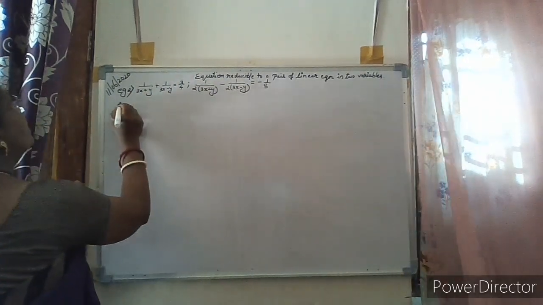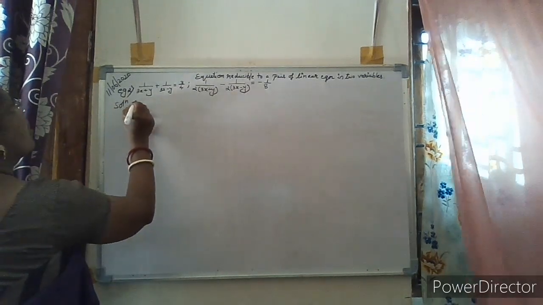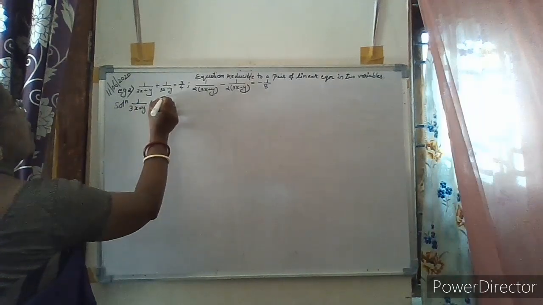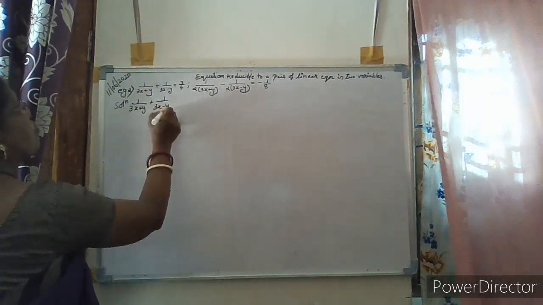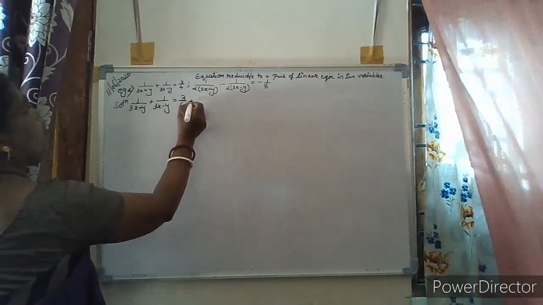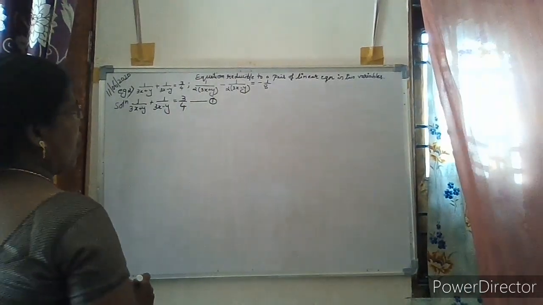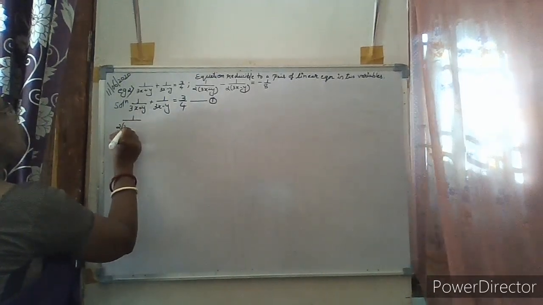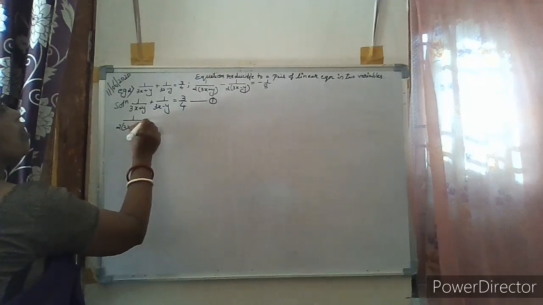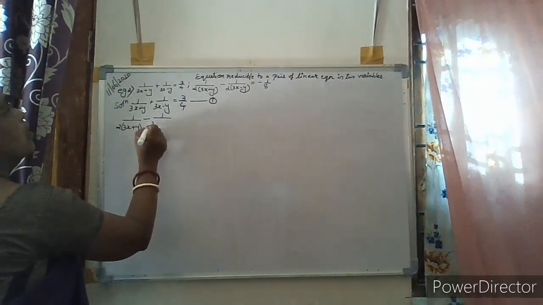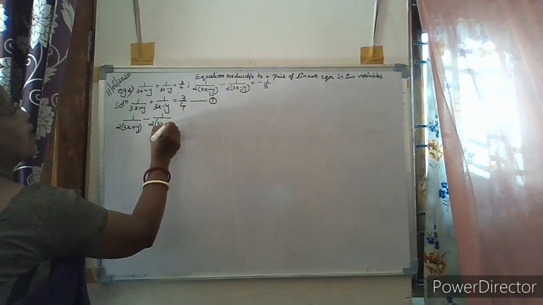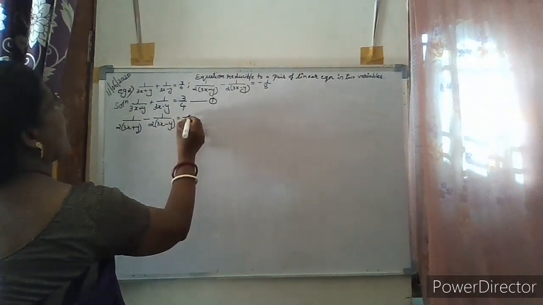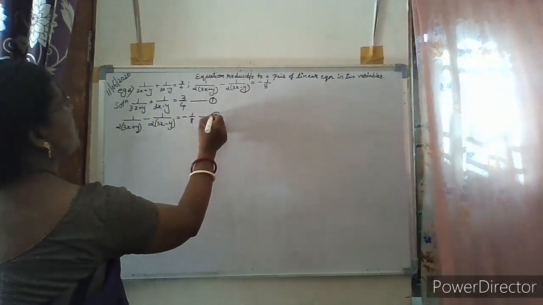So let us start. This as 1 by 3x plus y plus 1 by 3x minus y equal to 3 by 4. This as equation 1. The other one is 1 by 2 into 3x plus y minus 1 by 2 into 3x minus y is equal to minus 1 by 8. This as equation 2.